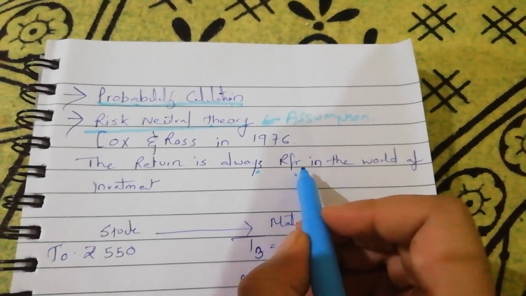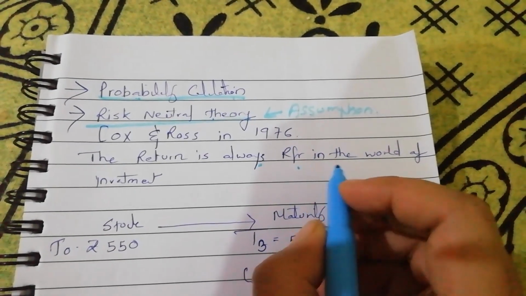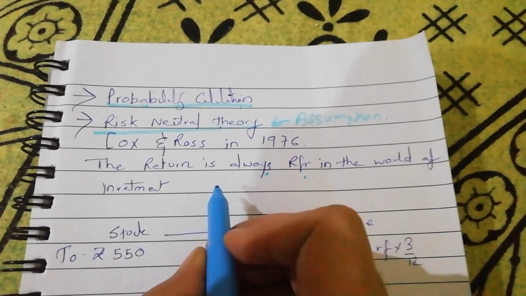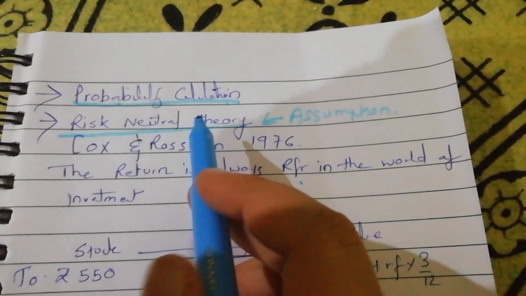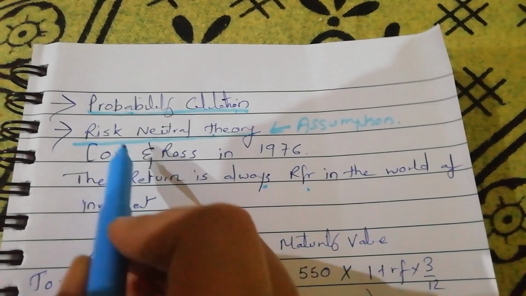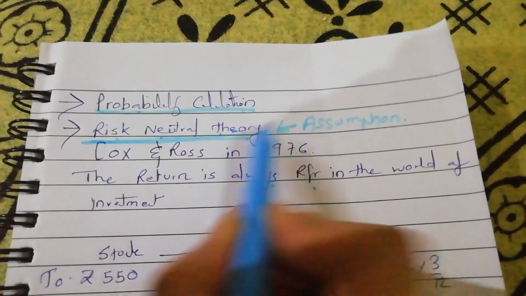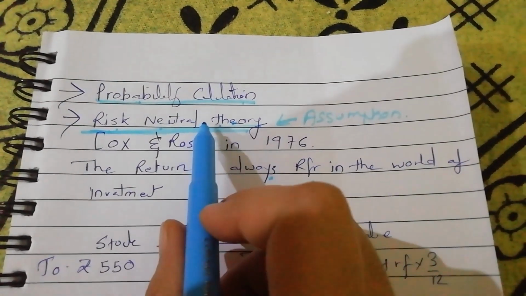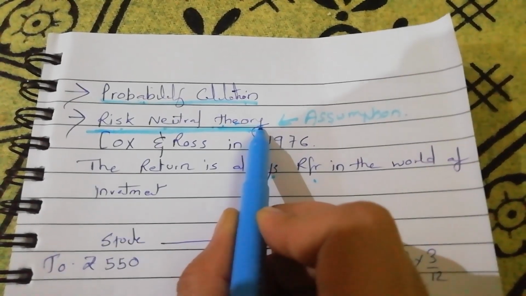So even if you invest in any stock or bond, the return you're going to get is always the risk-free rate of return. That is why the name is risk neutral theory. This means that the world is risk neutral. And please remember, this is an assumption, so it does not work like this in the real world.